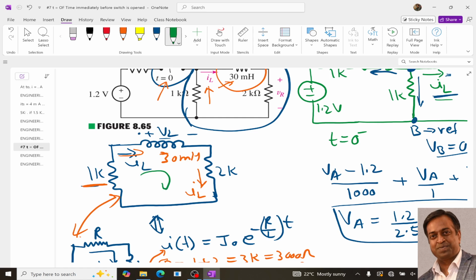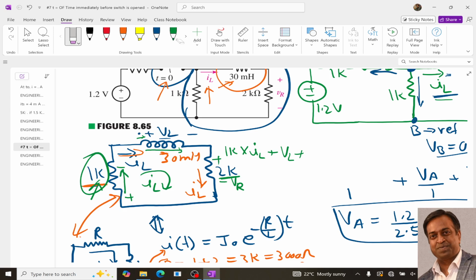If I apply KVL in this loop, with the current flowing in this way, plus over here and minus over here, it will be 1K into IL, plus VL, plus VR, or simply 2K into IL, equal to 0.